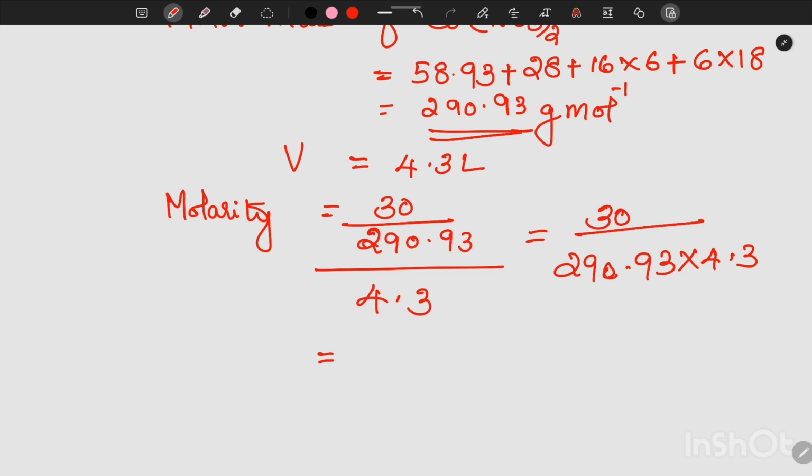So when you simplify, you will get approximately 0.0239. So 0.0239 you can take it as 0.024 also. This much molar. So this is the molarity of the first solution.